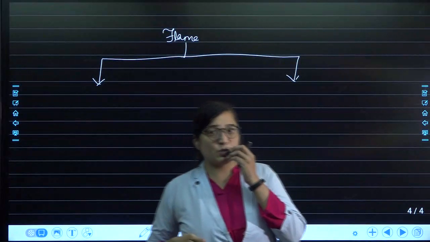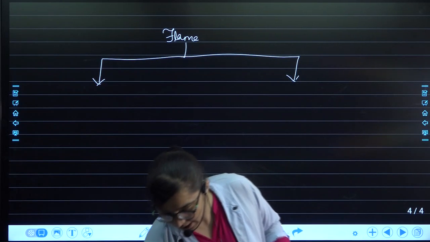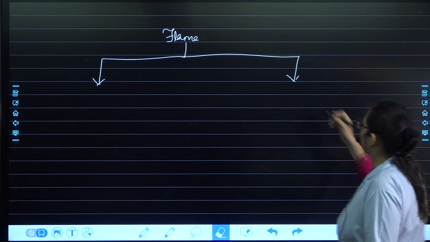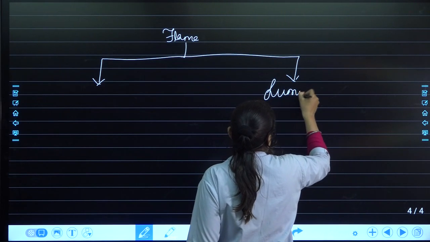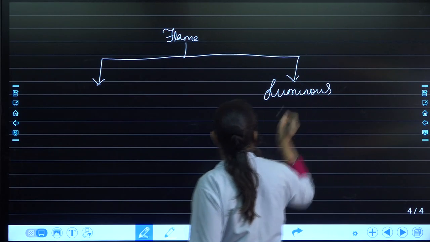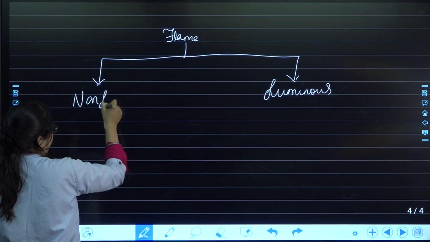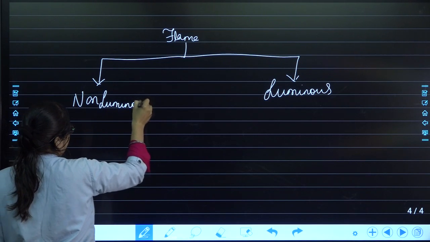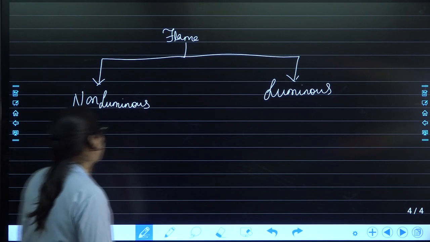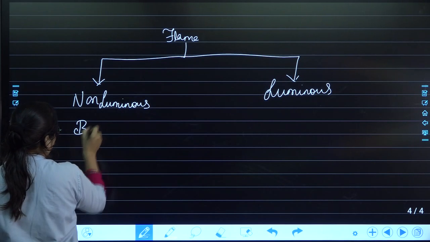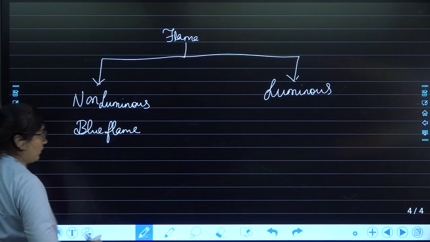Coming to the next part, which is flame. Flame is basically categorized into two parts: luminous flame and non-luminous flame. Whenever the substance is burning properly and producing a clean blue flame, it comes in the category of non-luminous flame.